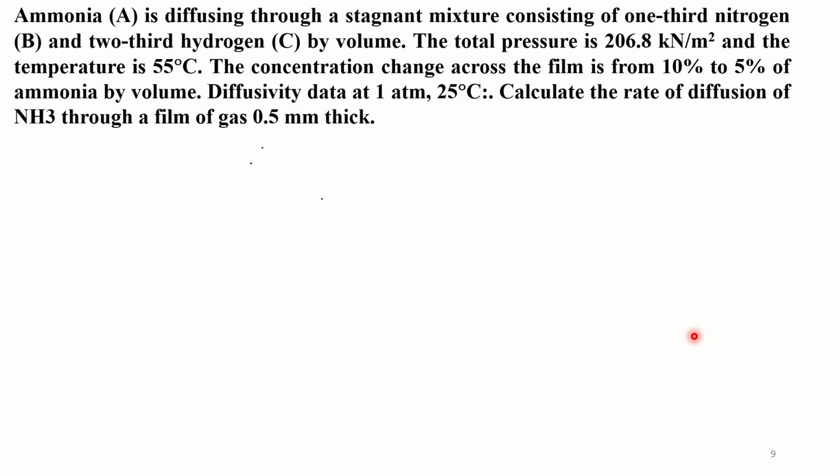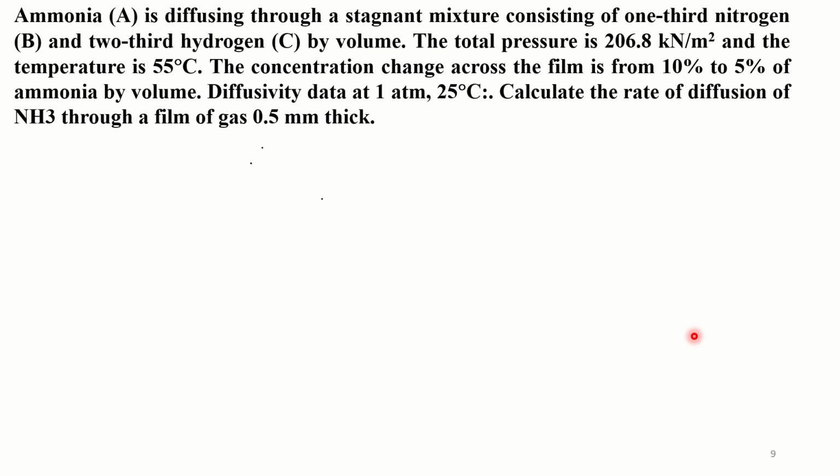Ammonia is diffusing through a stagnant mixture consisting of 1/3 nitrogen and 2/3 hydrogen by volume. The total pressure is 206.8 kilonewton per meter square and the temperature is 55 degrees Celsius. The concentration change across the film is from 10% to 5% of ammonia by volume.